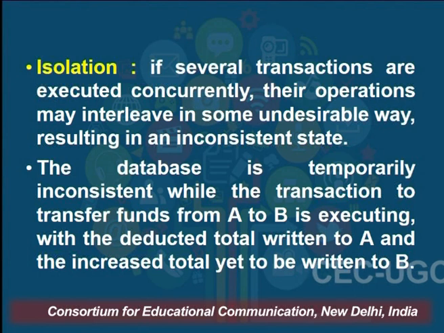So now this is 950 for account A and 2000 for account B. That is a temporarily inconsistent state, and we have talked about this scenario earlier.